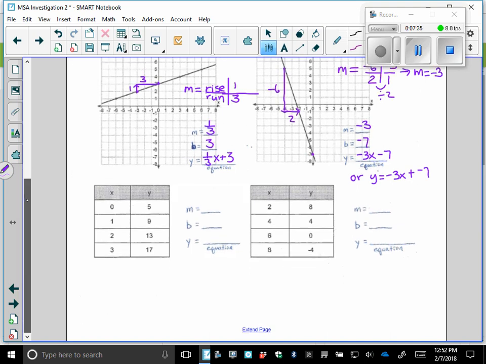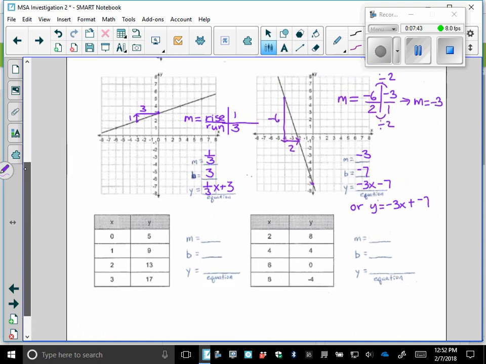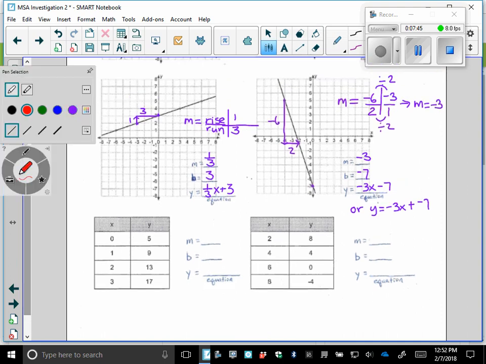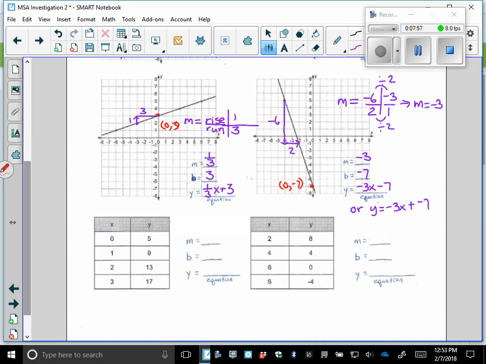On these tables here, to find the y-intercept, if we just look, for example, at the picture above, this y-intercept is the coordinate 0, 3. And this y-intercept is the coordinate 0, negative 7. So the y-intercept is found when x is 0.